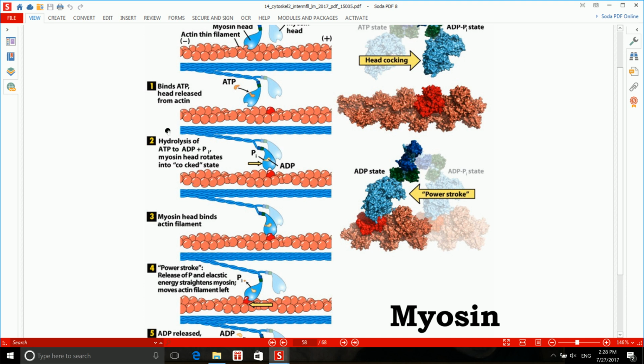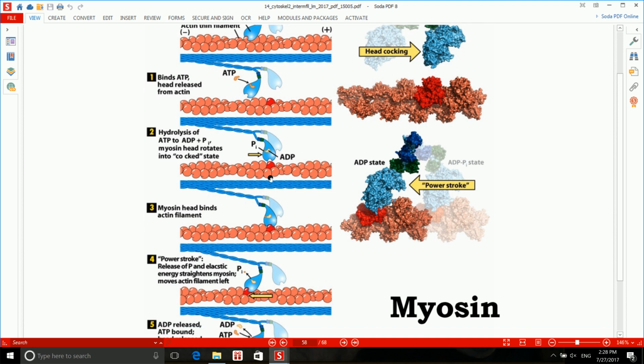Now that is the detaching and attaching parts. How is the pulling happening here? How is the myosin pulling these actin filaments?